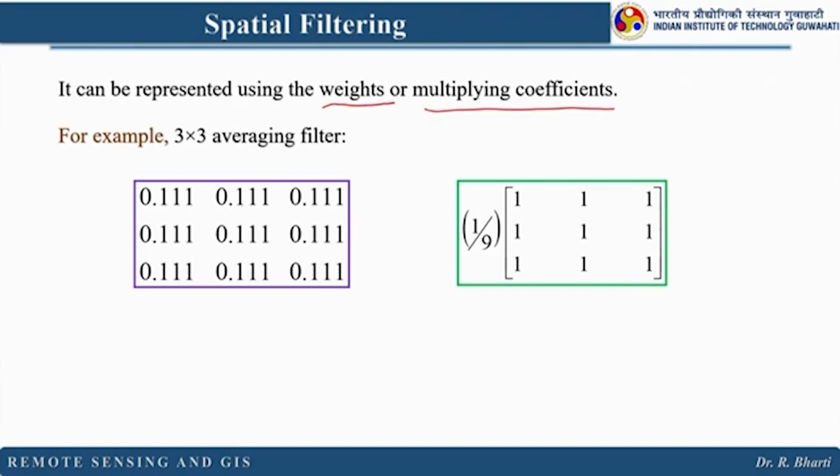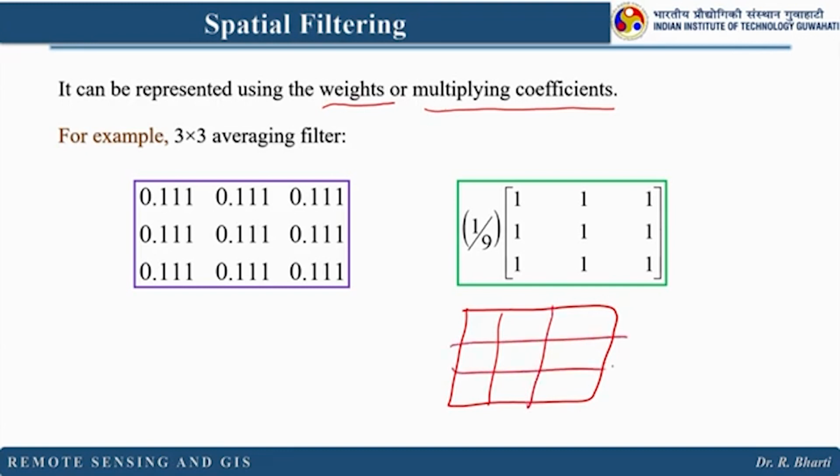Just imagine you have a 3 by 3 pixel image with values like 20, 30, 40, 30, 60, 20, 15, 18, 9, and you want to apply this averaging filter. Then you have to apply this or this to this particular image.